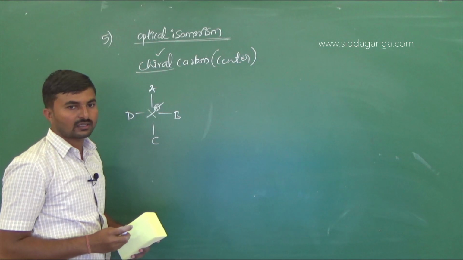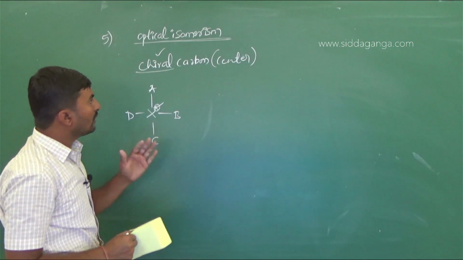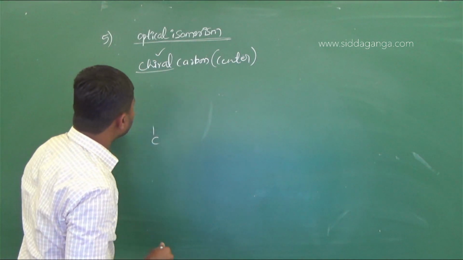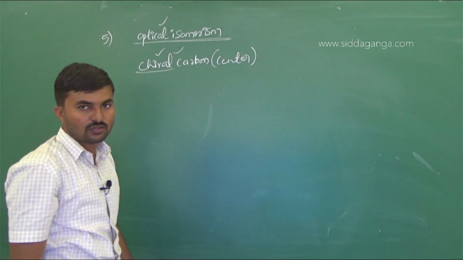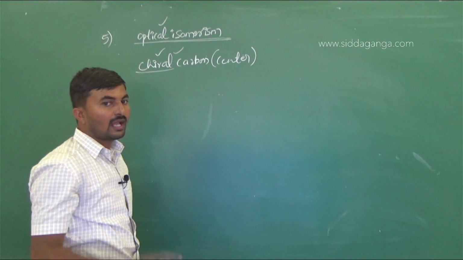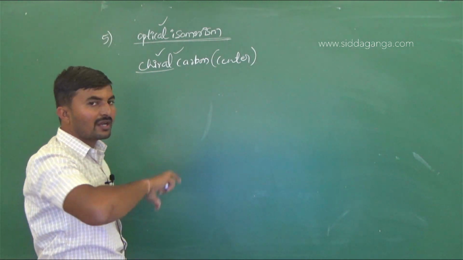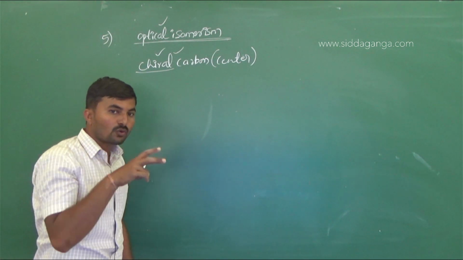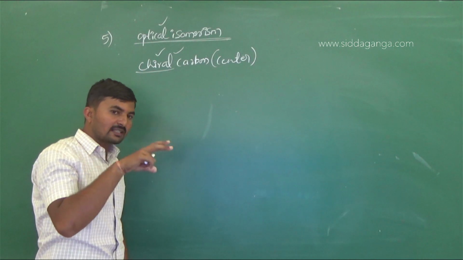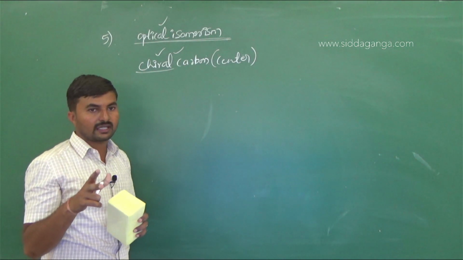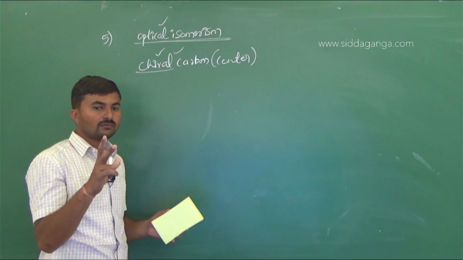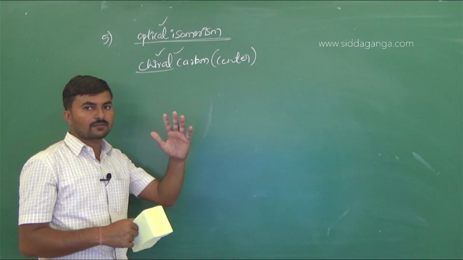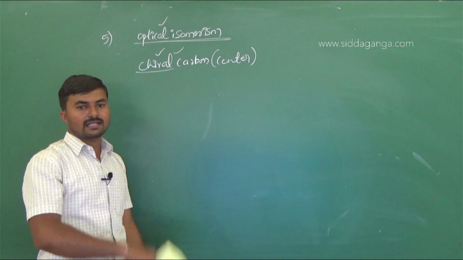So among the examples they have given, the molecule that has a chiral center is optically active. When we put that molecule in a polarimeter, it can exhibit dextrorotatory or levorotatory behavior by rotating the light either clockwise or anti-clockwise.